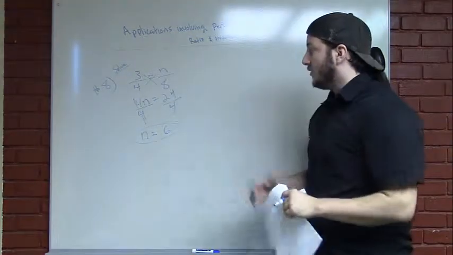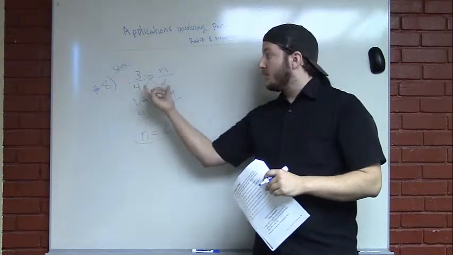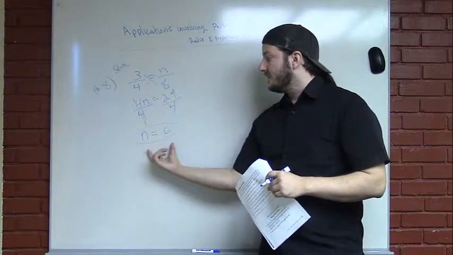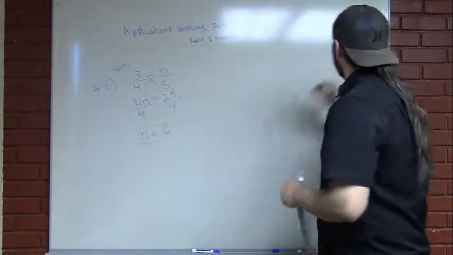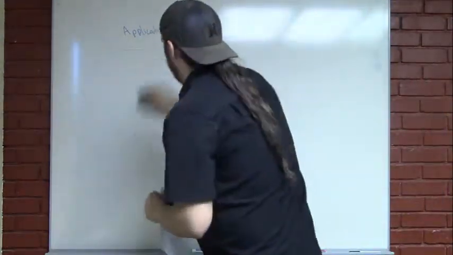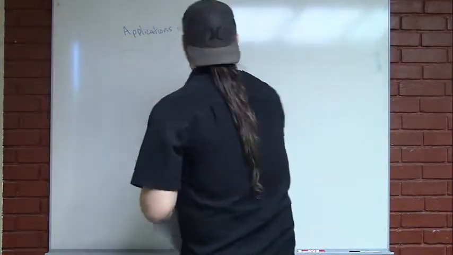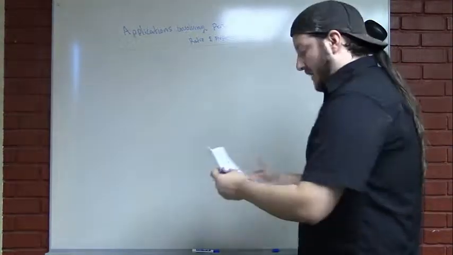And that is it. So in order to keep this proportion equivalent, n has to equal 6. All right, final problem.